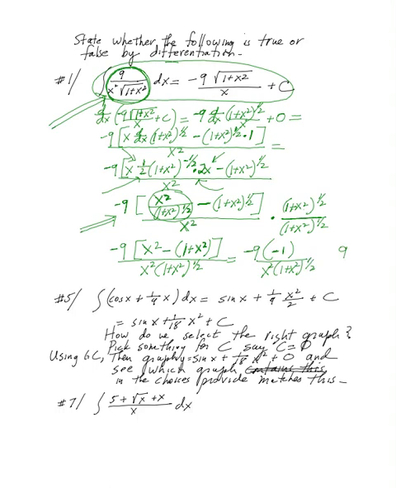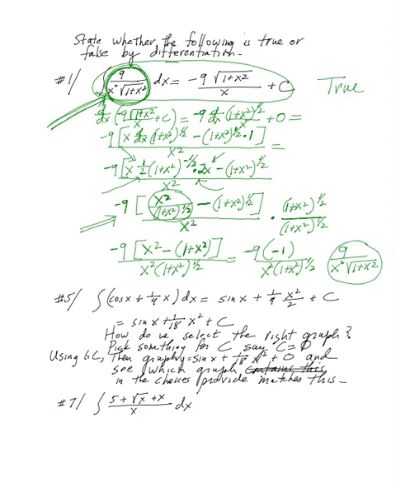So I get 9 divided by x squared times the square root of 1 plus x squared. And lo and behold, that is what I wanted to get, right? So this is true, because this matches this. Okay.